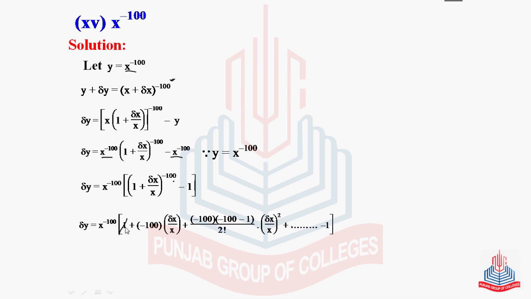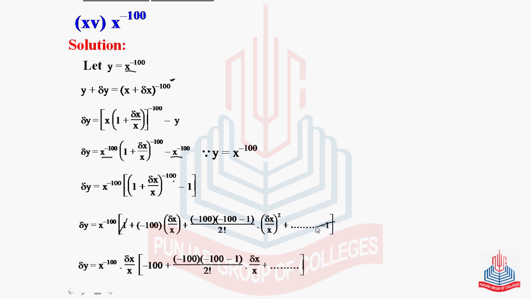This 1 and minus 1 will be cancelled out, and delta y is equal to x raised to the power minus 100, delta x over x as a common factor, and the remaining portion will be minus 100 plus minus 100 into minus 100 minus 1 divided by 2 factorial, into delta x over x, and so on, infinite number of terms.